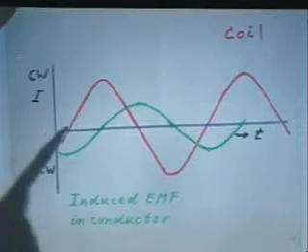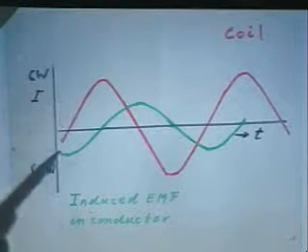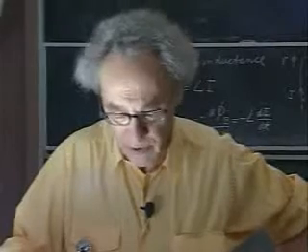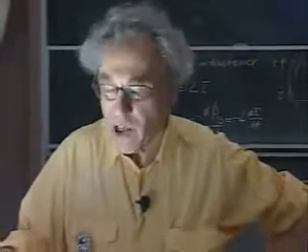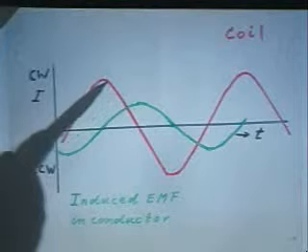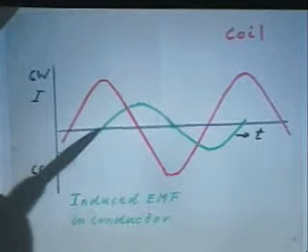Notice when the magnetic field increases, when the current goes up in the coil, the EMF in the conductor is in such a direction that it opposes the change of that magnetic field. But now when the magnetic field goes down, when the current in the coil goes down, immediately the EMF flips over, which is what I just mentioned to you.